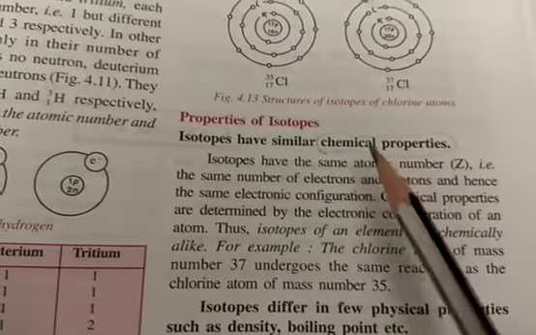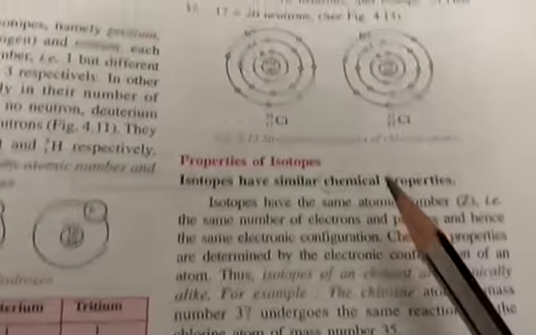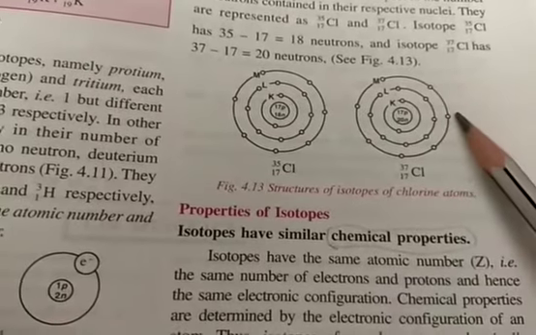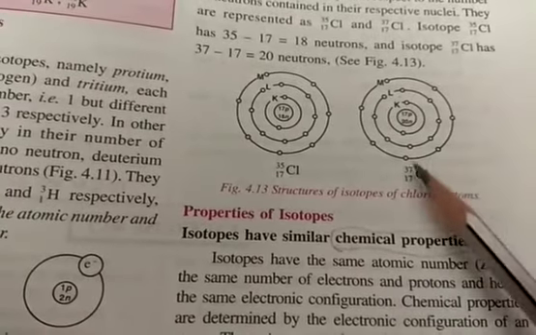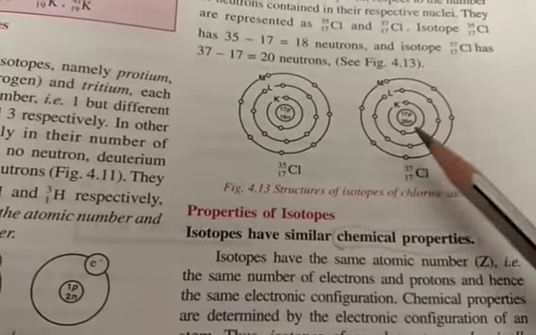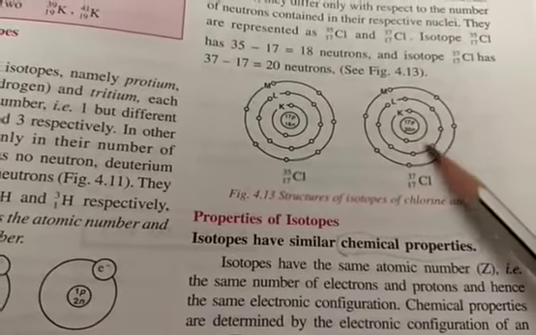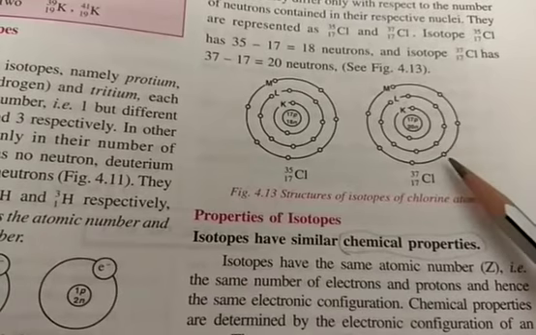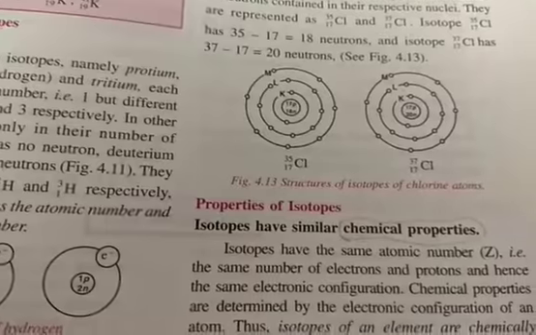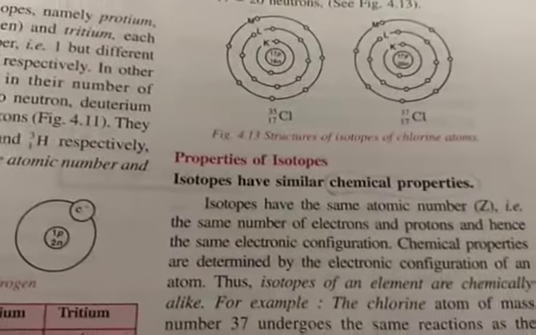Why is it so? Now students, this is because generally in a chemical reaction the outermost shell electrons, or the valence electrons, take part. Generally the inner ones don't take part in the reaction, but the outer ones do. So you can see in the isotopes the valency is the same.